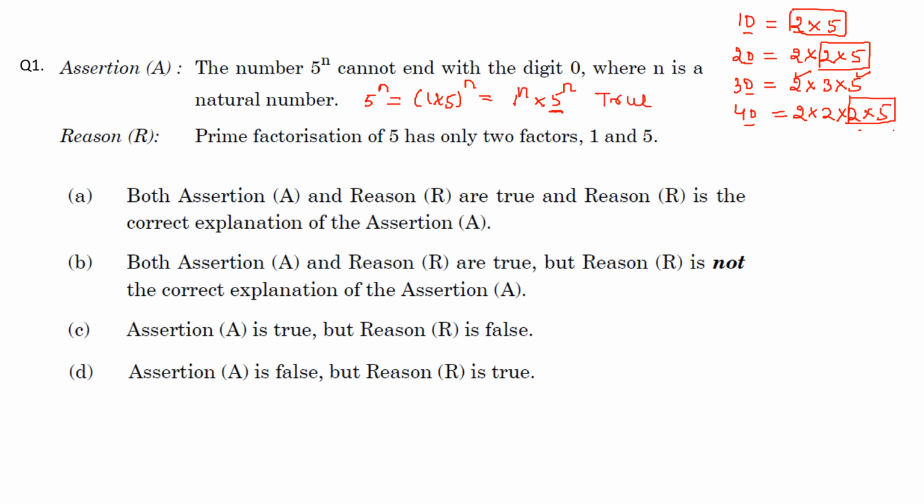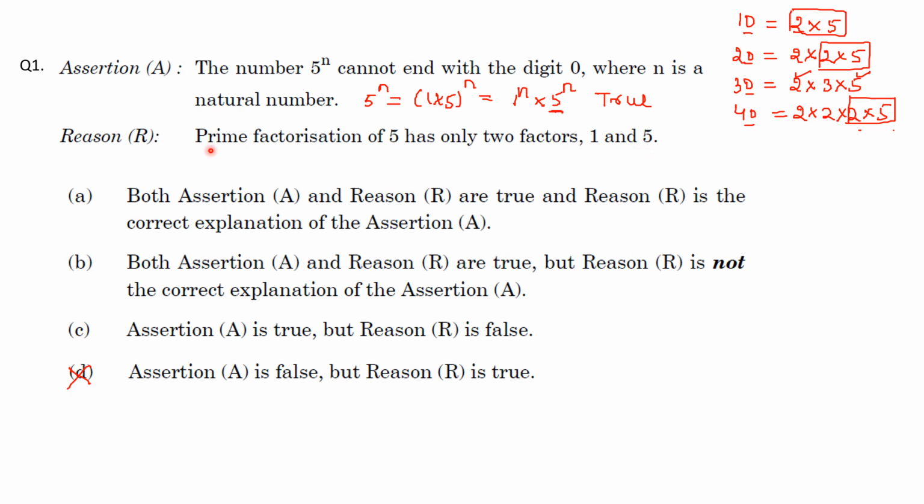Okay. Now if assertion is true, then you have to eliminate option D, because there it is given that assertion is false. Next, if you see the reason, it is given as prime factorization of 5 has only two factors, 1 and 5. So here you see it is given prime factorization. If it were not prime factorization, and it was just the factors of 5, then I can say it is 1 and 5.